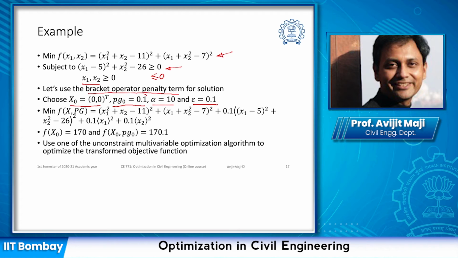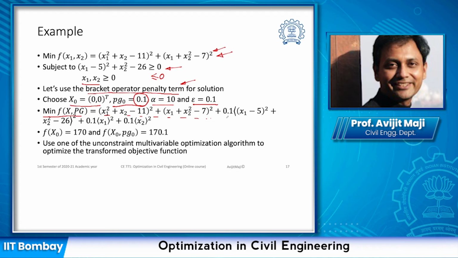What value we are going to choose will completely depend on the penalty term we are going to select. So once we know all this, we can now form the transformed objective function, which is minimization of this. So this is my main objective function, which is going to be here. Then I have to indicate the constraints.